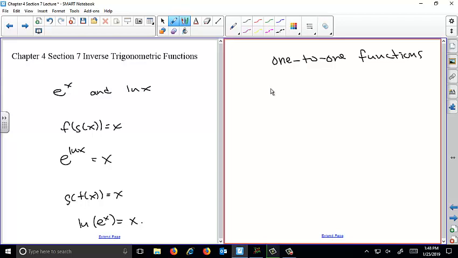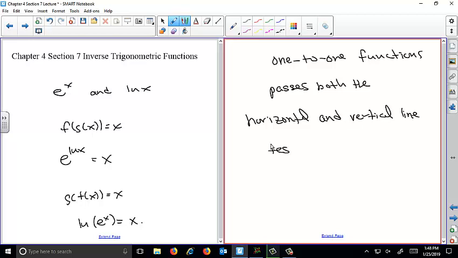One way you could say it is that it passes both the horizontal and vertical line tests. That's another way of saying that for each x there's one y, and for each y there's one x. We could write that out, but that's what that means.